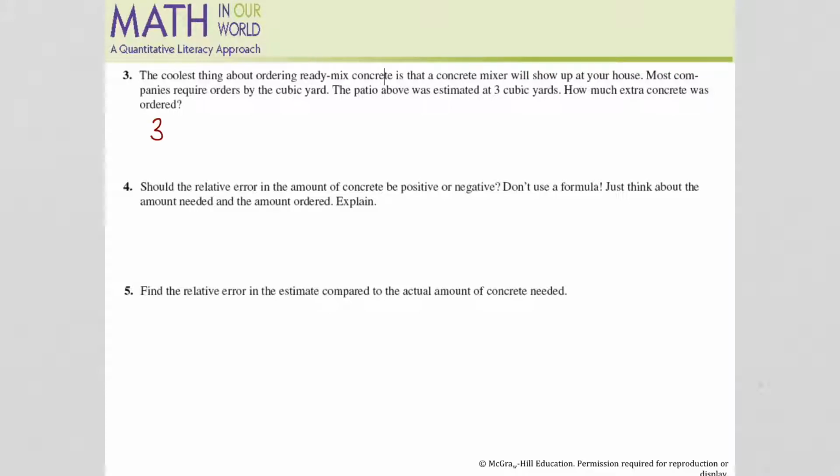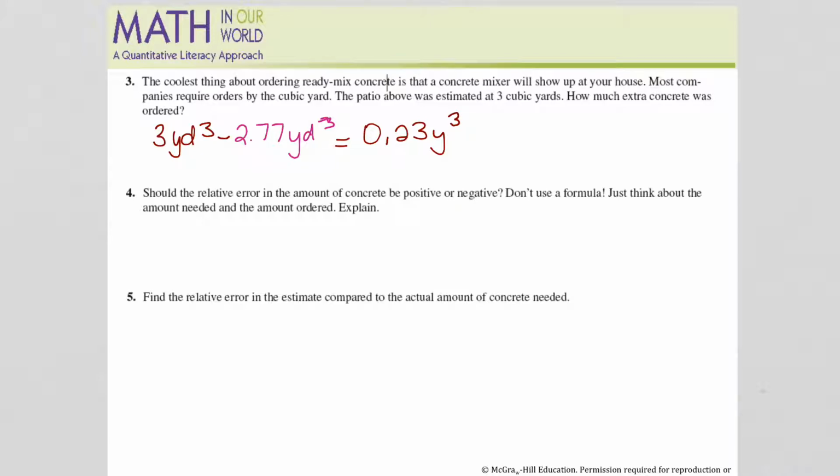So if we ordered 3 cubic yards, but we only needed 2.77 cubic yards, then we ordered more than we needed. We ordered 0.23 cubic yards extra. So maybe they've got some pavers that need to be, I don't know. But they have that extra regardless of whether they want it or not.